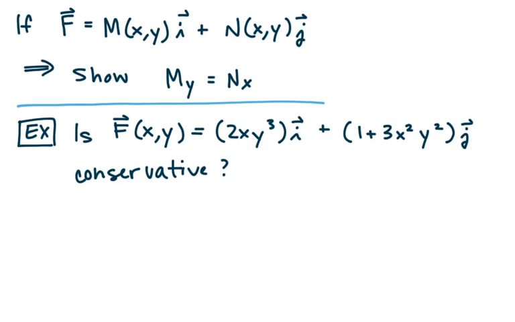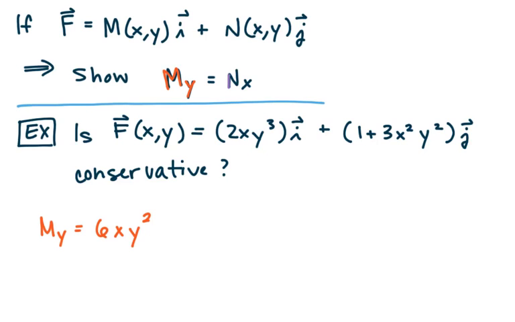So taking the partial of this first term, M with respect to y, we treat 2x like a coefficient, which gives me 6xy squared.